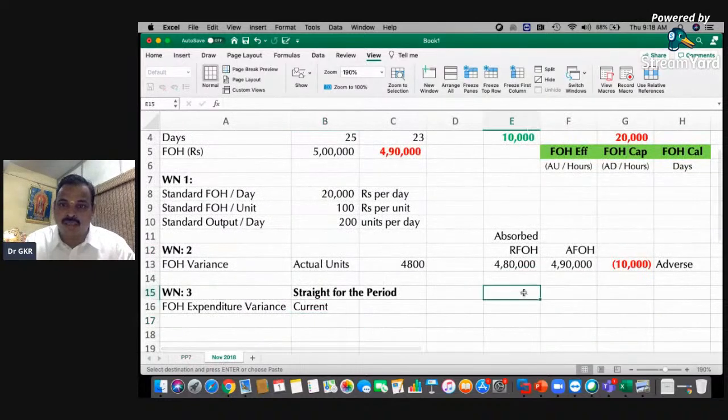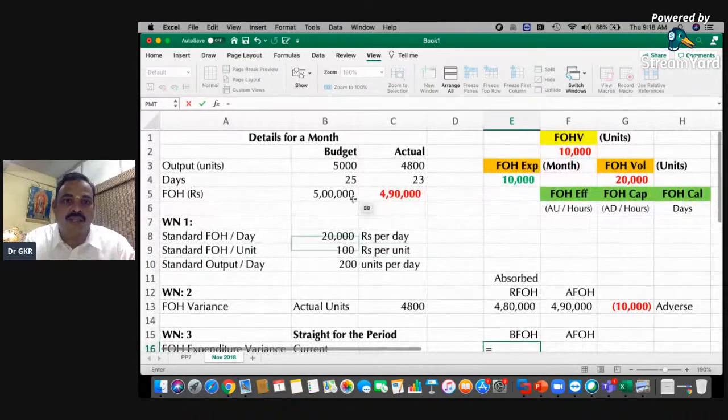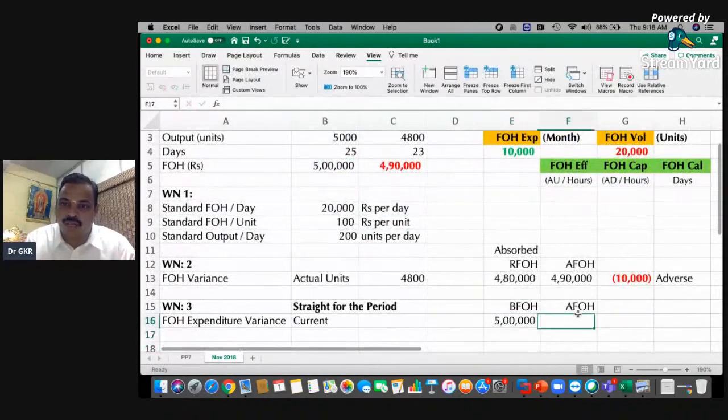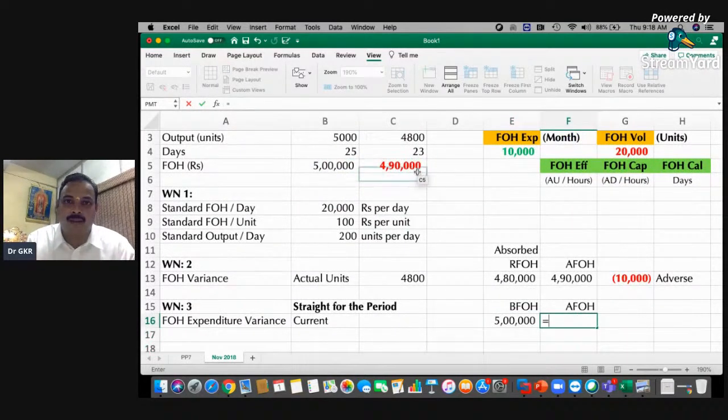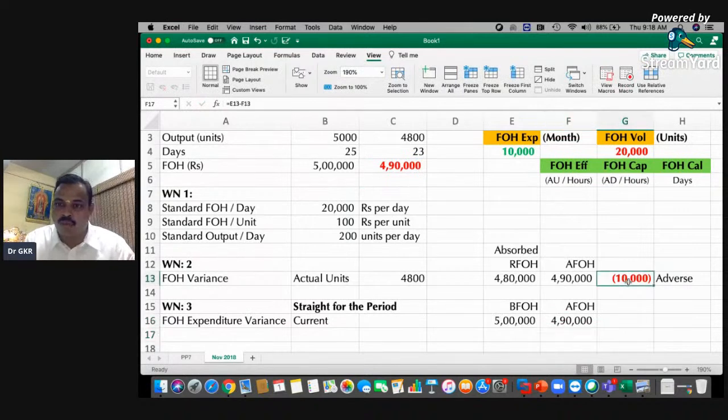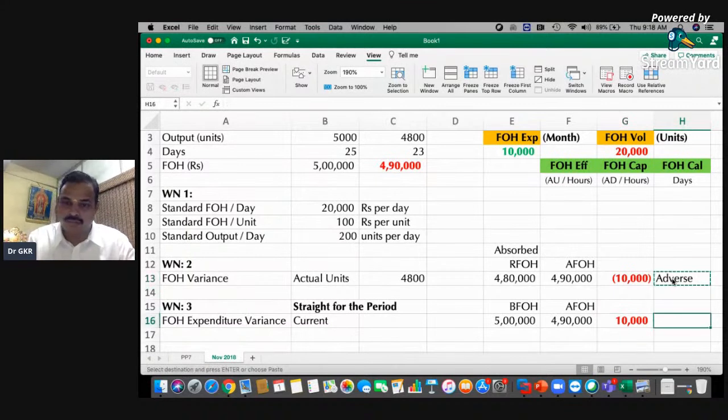Here I'm using the word budgeted. Budget for the current month is 5 lakhs. Actual for the current month is 4,90,000. So 10,000 favorable. Actually, it is favorable. I'll put it in green color.